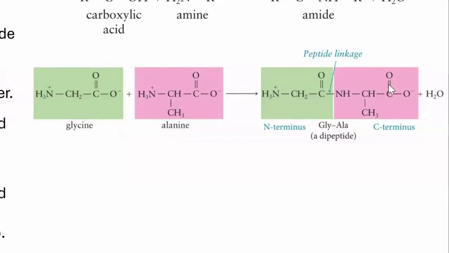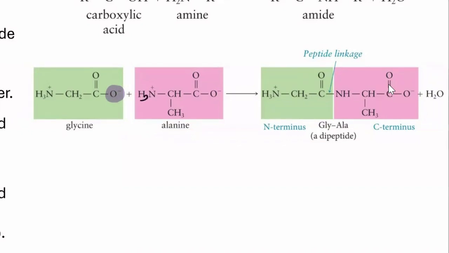Overall, what we observe in this amidation reaction is that, let me highlight the items to make it more obvious. The oxygen atom from the first amino acid is going to go away and combine with, let me just rewrite the hydrogens here.